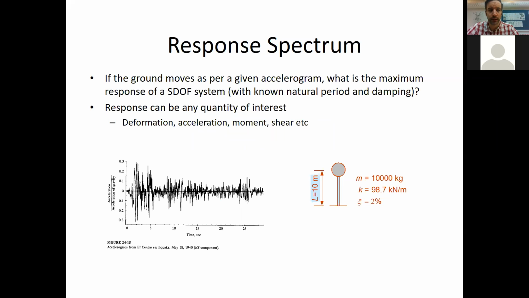The response spectrum is how the norms or the codes dictate that you should take into consideration earthquakes, at least in the US and in the Eurocode.